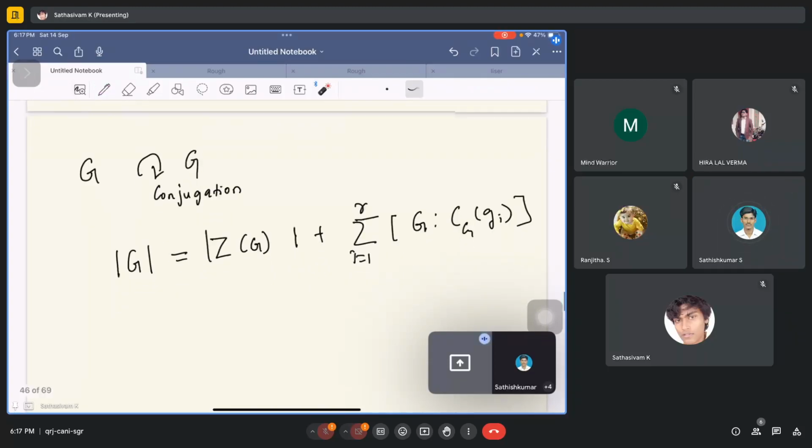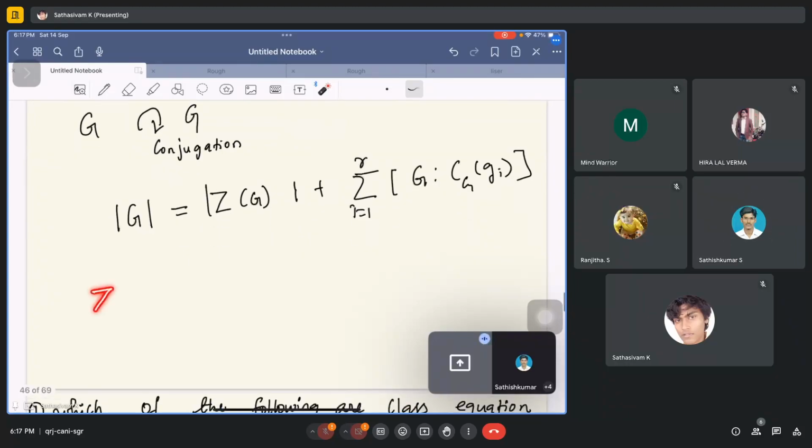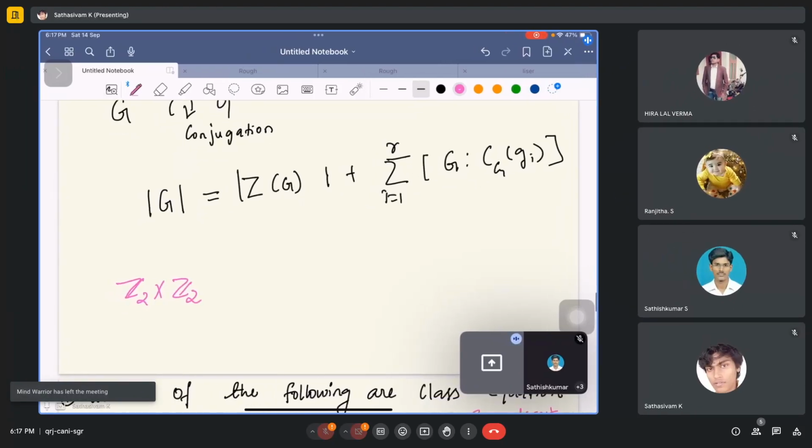So, for example, let me write there. Let's say we have Z2 cross Z2. What is the class equation of this? This will be 1 plus 1 plus 1 plus 1, right? Yes, sir. You take Z4.